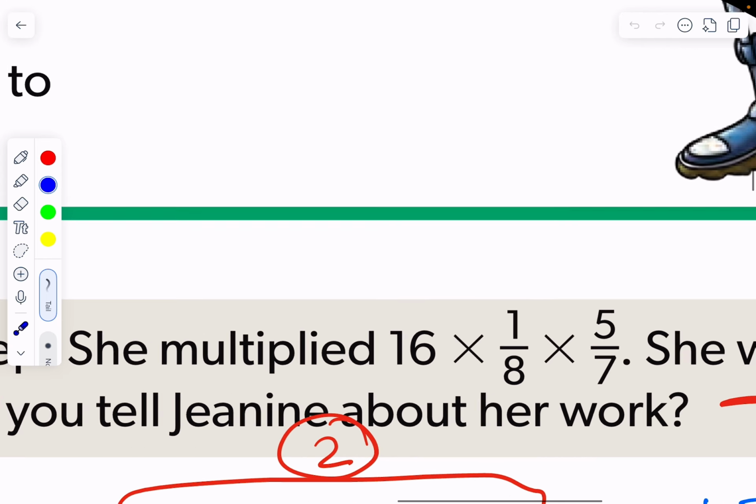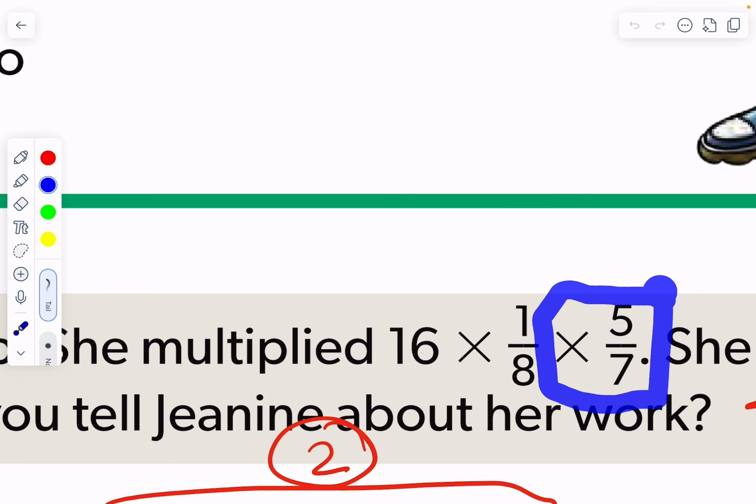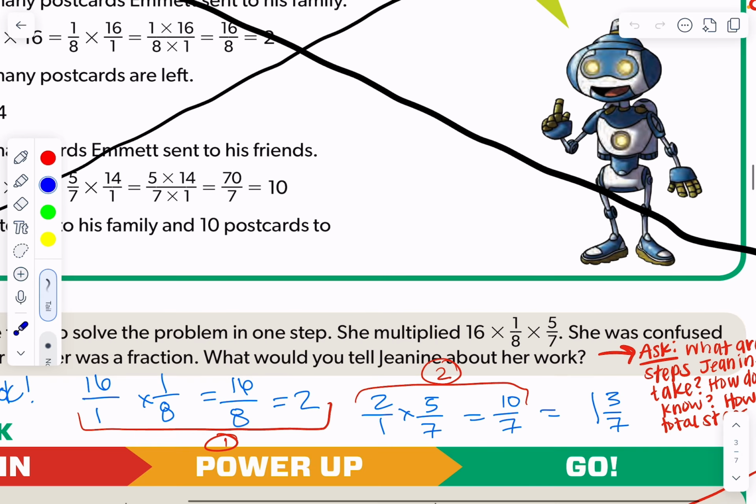And here students will say, well, we've practiced how to multiply a fraction by a whole number. We did that yesterday. But now we have another fraction that we also need to multiply. So we probably should do this first and then do this step, right? So there's more than one step.